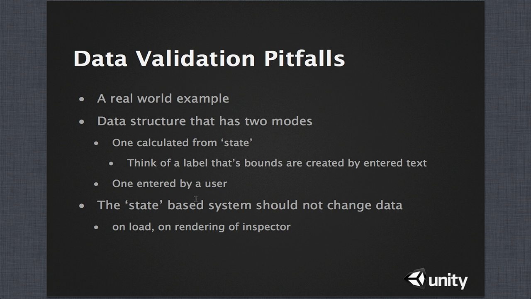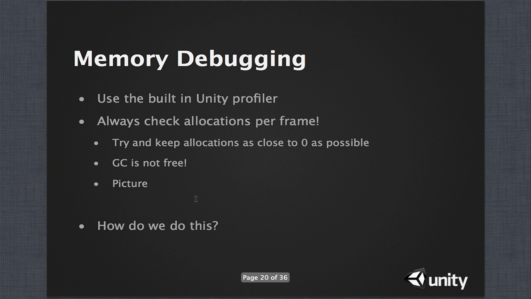If you have the model allow the bounds of the font to be changed based on what the text is, that means that if you modified like a metadata file or something like this and changed the text, potentially just by loading the scene, you would modify the data in the scene, which is incorrect. The other model is if the data is user-controlled, which is where you would then expect the data to change. OK, so let's have a quick look at how this would work.